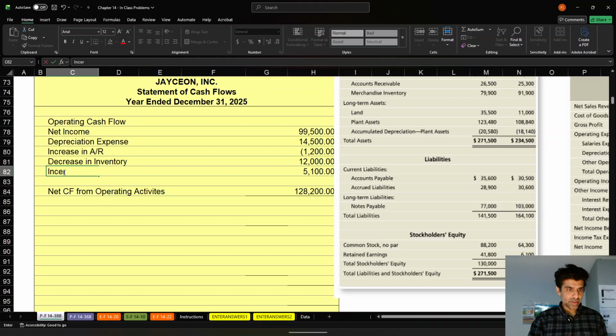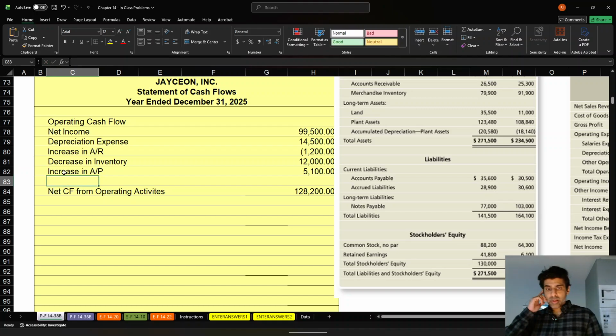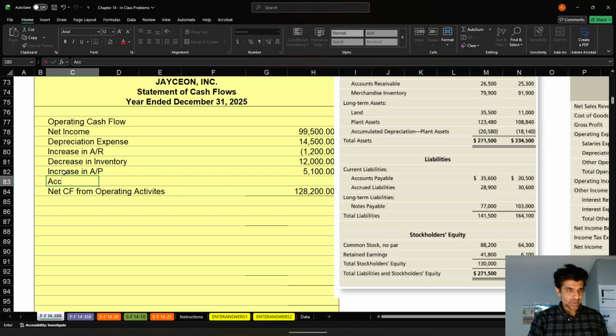And then accrued liabilities. This is kind of like unearned revenue. You can think about it like that. And this is a decrease. So it's going to be a negative adjustment.